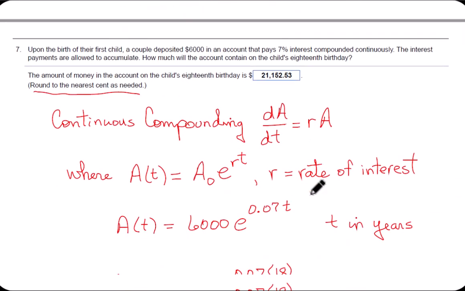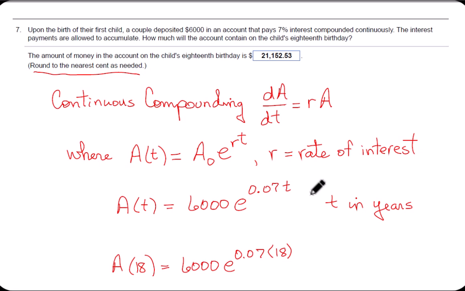All right, in this problem, problem 7, we have a couple, and they deposited $6,000 in an account that pays 7% interest compounded continuously. All right, so taking a look at this, the differential equation for this, we have a positive r here because the amount is growing, unlike the other problem we just did where it was negative and decaying.